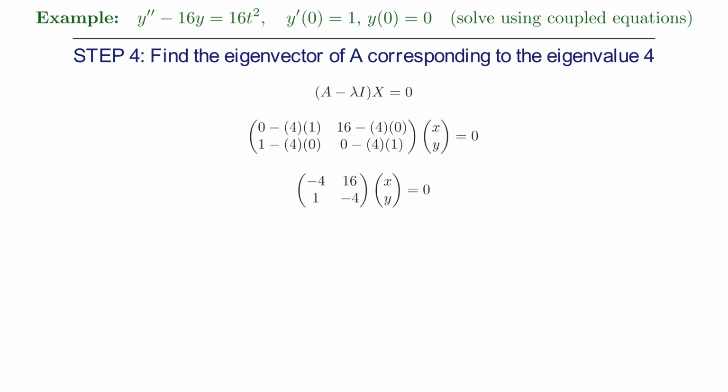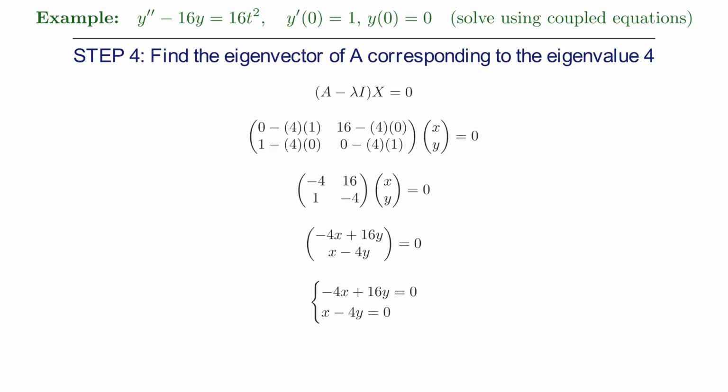Expanding the brackets, performing matrix multiplication, we get the entries -4x + 16y = 0, and x - 4y = 0. So we get a pair of simultaneous equations that we need to solve for x, y. We have infinitely many solutions, so we just want to find a vector in the direction of this line of solutions.